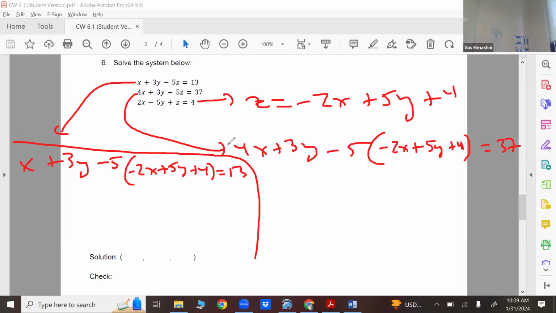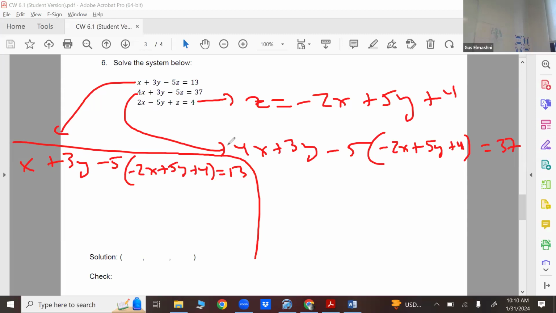Oh, I moved these over, the 2x and -5y. Please ask questions. I don't want to rush because we can easily make a mistake here. This is where mistakes happen, when you don't distribute correctly. What am I distributing here, 5 or -5? -5. Yeah.